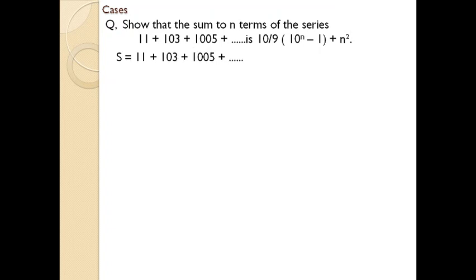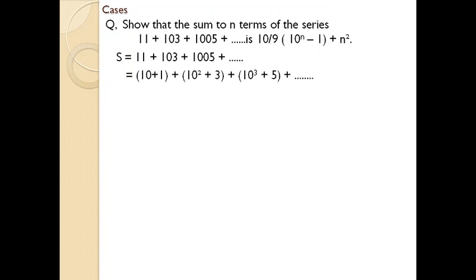Here S subscript of n equal to 11 plus 103 plus 1005 plus it's going on like that. So whenever this situation comes, 11 plus 103 plus 1005 doesn't look like a geometric progression case, or if you go for a common ratio, you will not get a number. So whenever this situation comes, you need to make some alteration in the series like this.